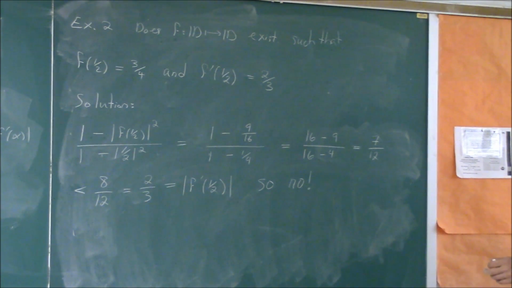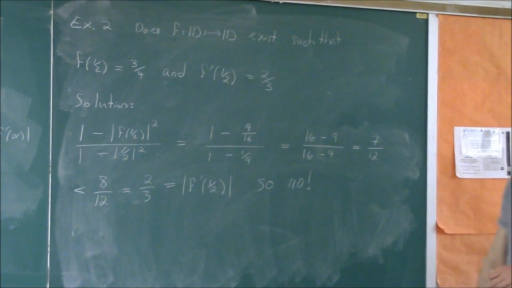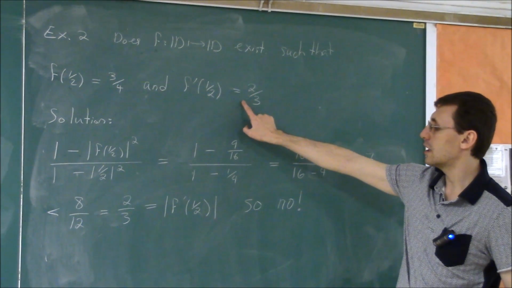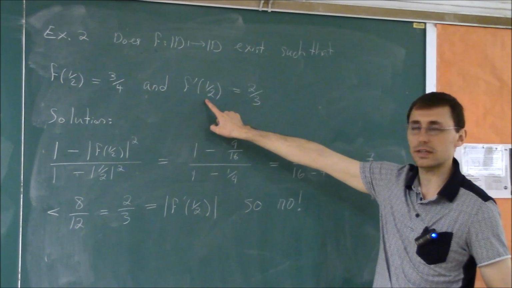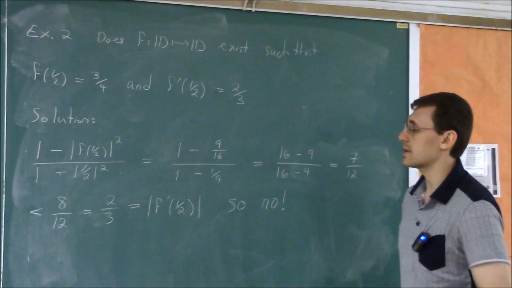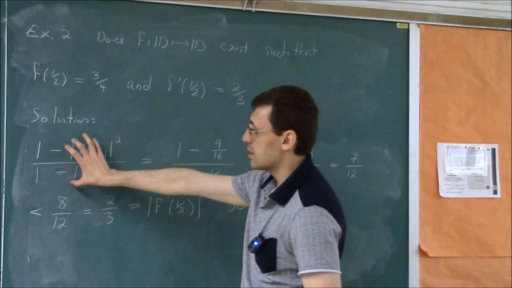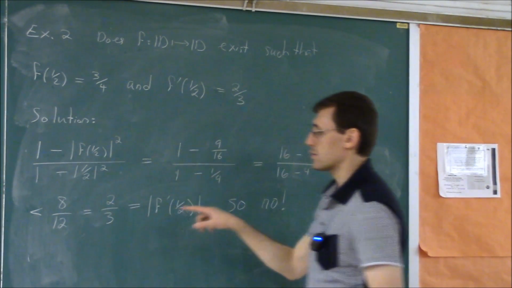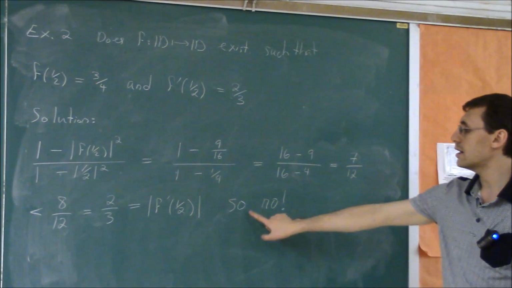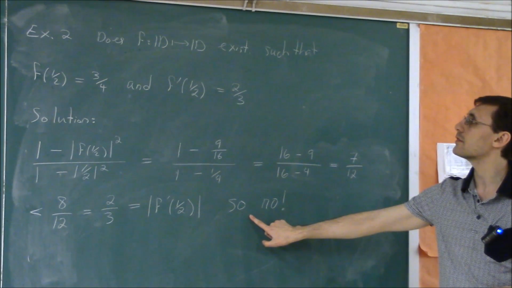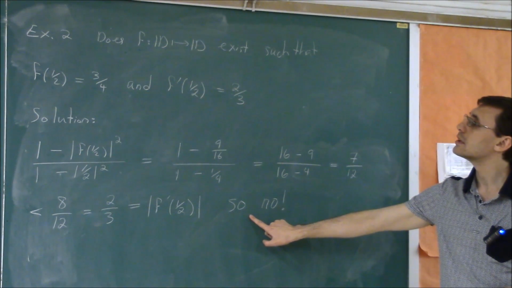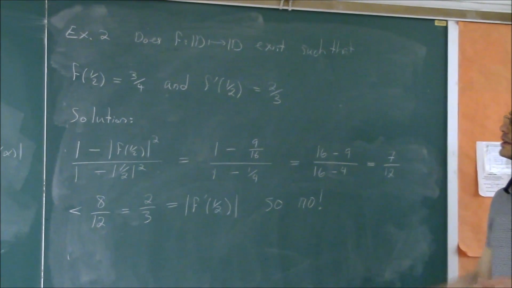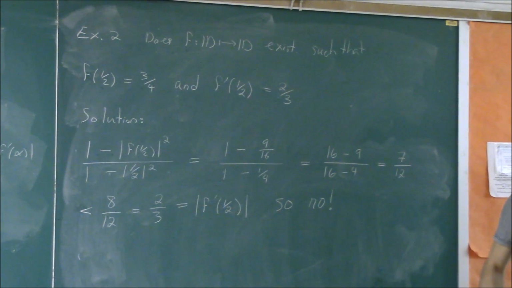Now 7 over 12 is smaller than 8 over 12, which equals 2/3. And 2/3 happens to equal the modulus of the derivative at 1/2. Now notice what happened here. This number should be at least as large, no smaller than the derivative. So since the derivative is bigger than this number, there is no such holomorphic function. So no holomorphic function satisfying the properties that I listed here exists.